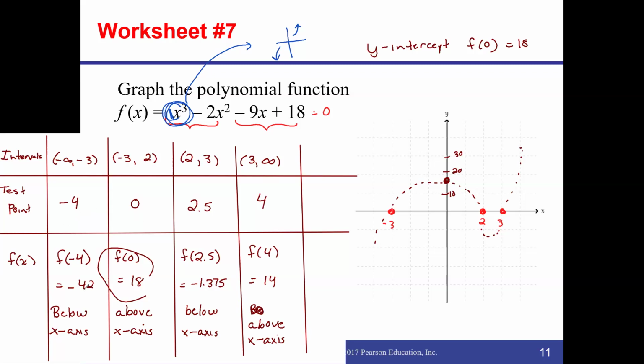So we know at -4, I'm about at -42, -10, -20, -30, -40, -50. So at about -4, I should be somewhere around here. So it just gives me some points to kind of flush this out a little bit. Then at 2.5, we're almost still on the x-axis. We're just below it. And then here at f of 4, we hit 14.